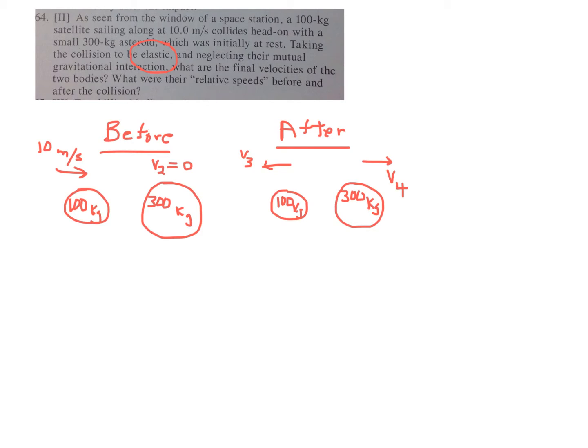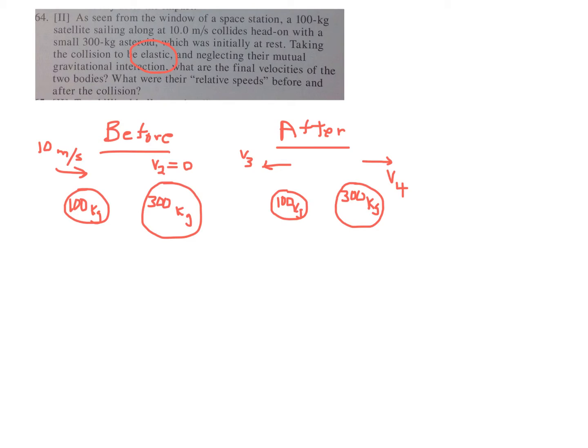The asteroid has no velocity. I'm calling it v sub 2. V sub 3 is the little satellite bouncing more than likely backwards. We'll deal with that directional aspect in a little bit here. I'm calling that v sub 3. And then v sub 4 is the velocity of the asteroid after the collision.